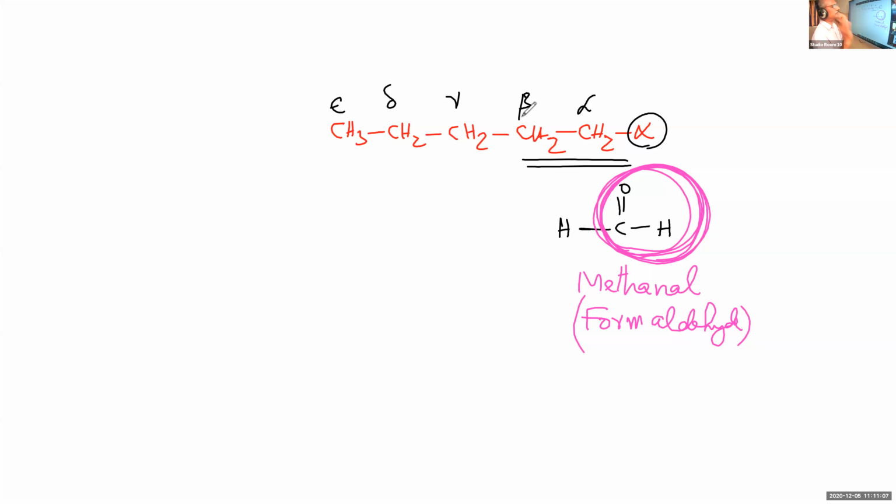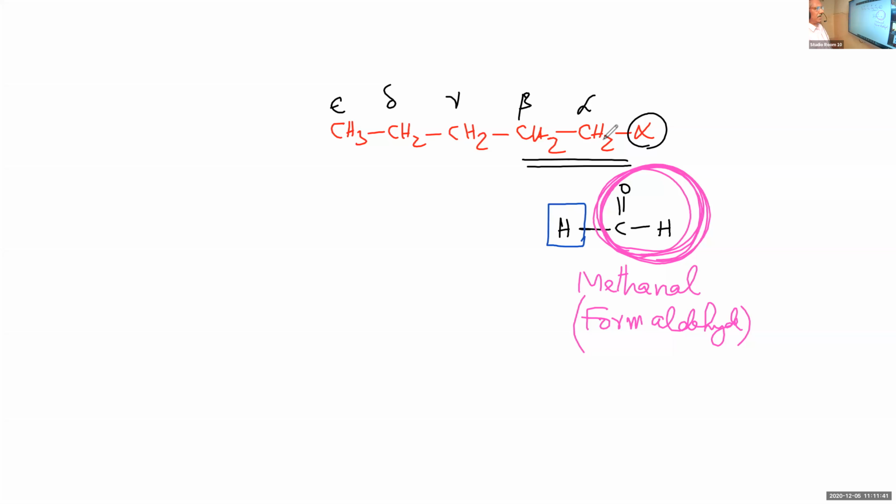Here there is no alpha carbon at all. If there is no alpha carbon, there is no alpha hydrogen. So the hydrogen here, that is your confusion, is not alpha hydrogen. That compound, methanal, lacks alpha hydrogen.